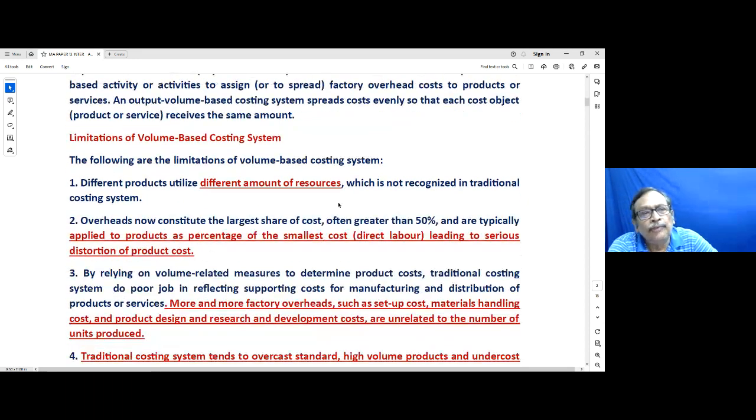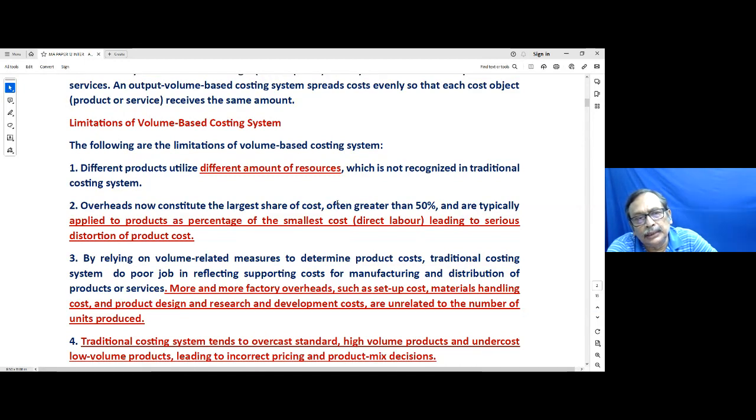So first we would like to understand the limitation of volume-based costing system. Because why we are going to apply the very concept that is activity-based costing, and why activity-based costing should be initiated and installed. For this reason, we are discussing the various limitations of volume-based costing system.